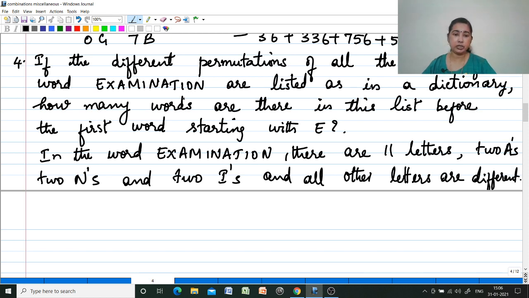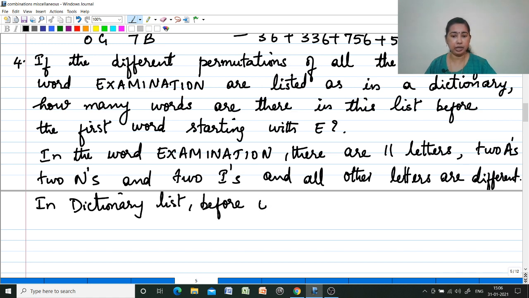And in the dictionary list, before E, only A out of these letters can come. If I am arranging in the form of dictionary words, only A comes before E. That also we have to write in the dictionary list.